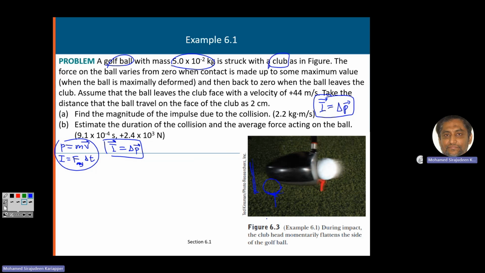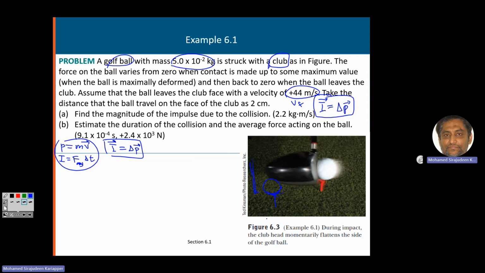So the ball's momentum will change. What is its momentum initially? Zero. When you hit, it gains a velocity of 44. This is the final velocity. So the initial velocity, therefore the initial momentum, is given, because mass is given. So mass into velocity will be the momentum. And the final velocity and the mass are also there. So we also know the final momentum.